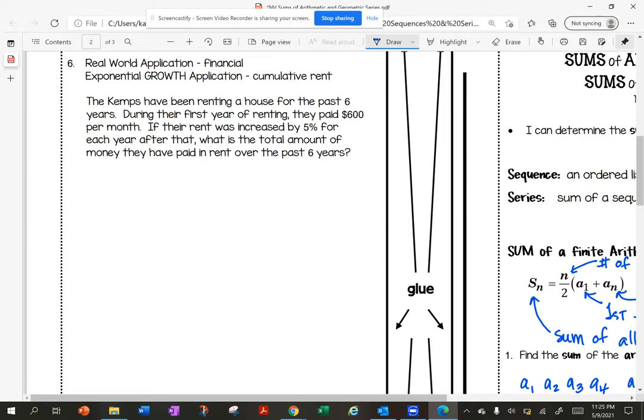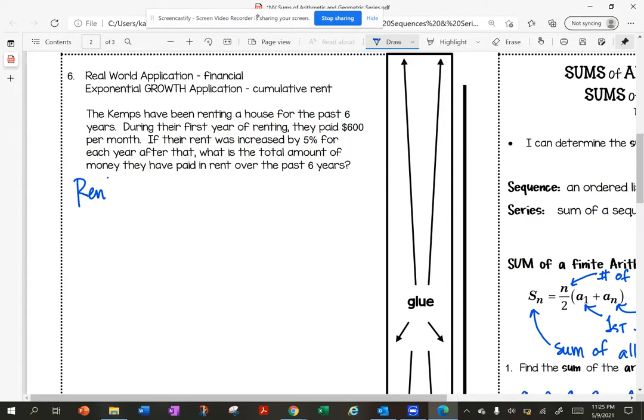Okay, so I'm going to start out with the rent. They're paying $600 per month. So I want to know how much they're paying for a year. So there are 12 months in a year.